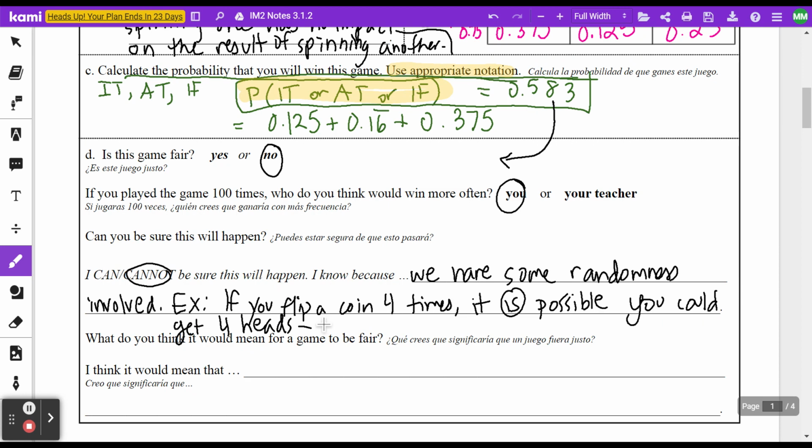That wouldn't happen all the time, not even really often, but with randomness, rare events can happen. They do.